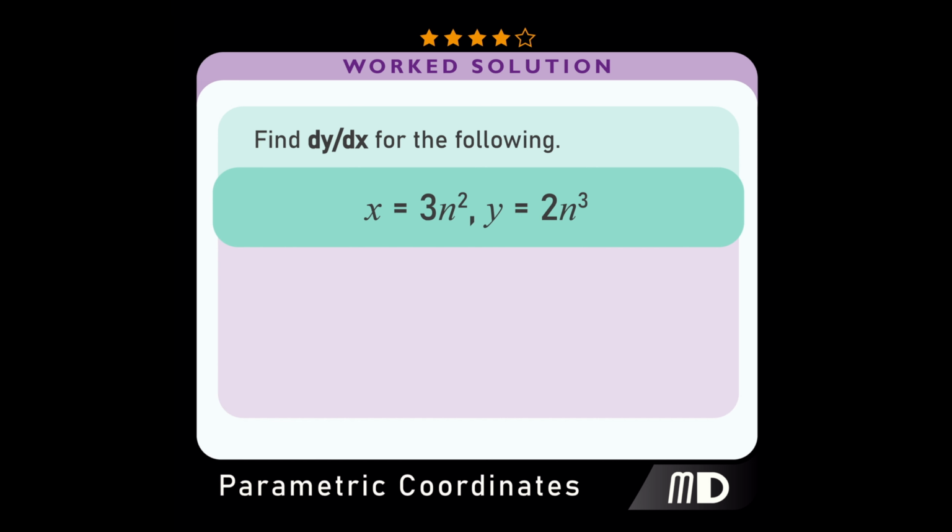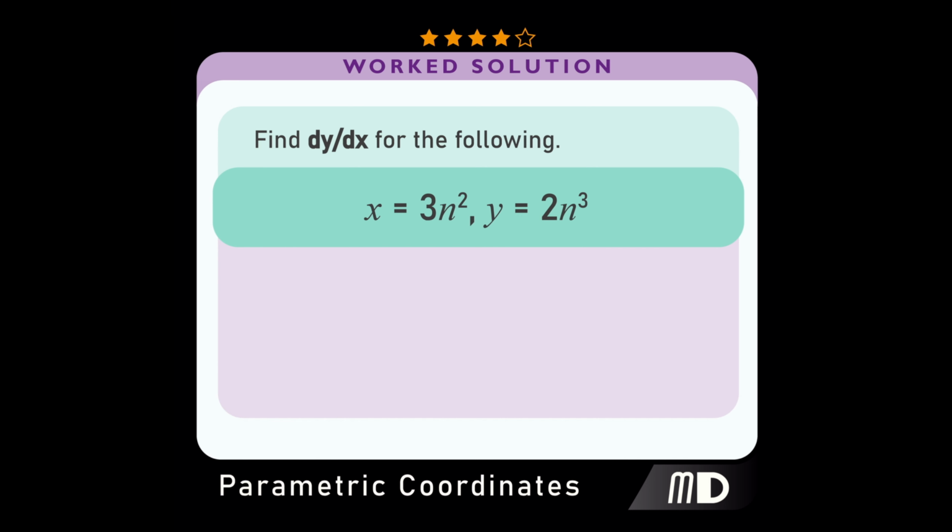The power rule tells us that if f of x is equal to x to the power of n, where n is any real number, its derivative f prime x is equal to n multiplied by x to the power of n minus 1.